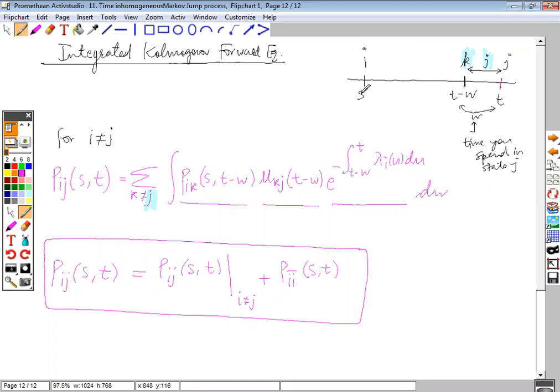But all I care about is that when I'm starting, I'm at i, and at t minus w, I find myself in state k. So this is the probability. And then we make a transition from state k to state j at time t minus w, and then we expect to stay in the same state throughout till t.